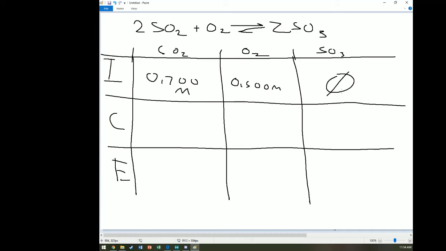Now, you have to be given Kc in these questions, and we know that K equals 7.5 times 10 to the minus 2.